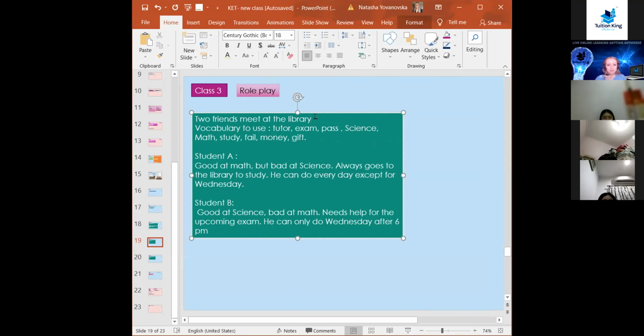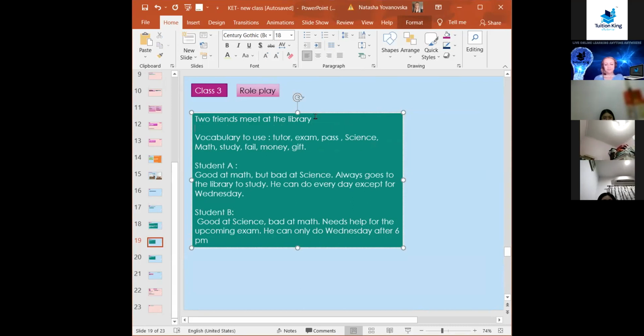These two friends meet at the library. The vocabulary you need to use is tutor, exam, pass, science, math, study, fail, money, and gift. Student A is someone who is good at math, but bad at science. Student A always goes to the library to study.